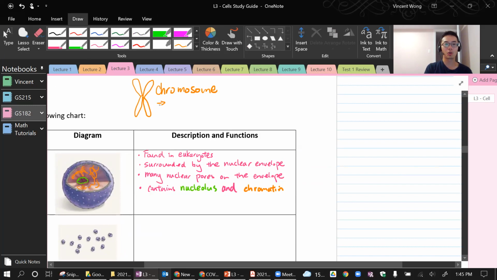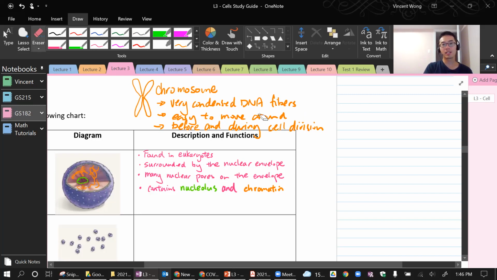So what is chromosome? Chromosome is basically very condensed DNA fibers. It is easy to move around in the cell. You will only usually see chromosome right before and during cell division.